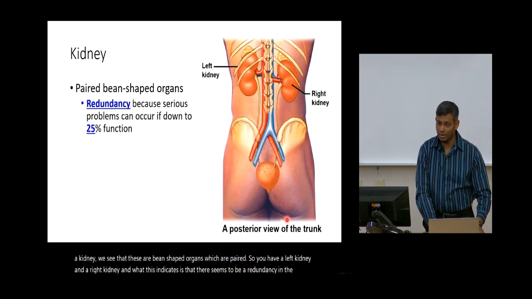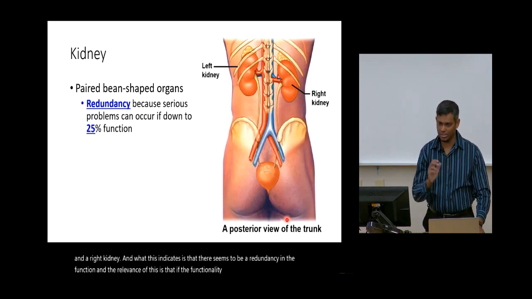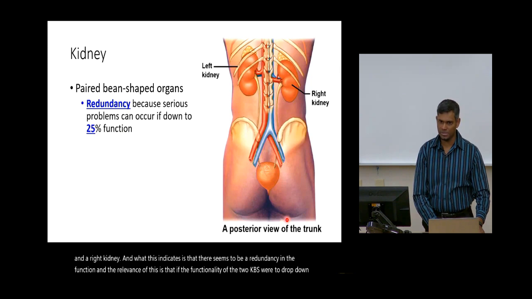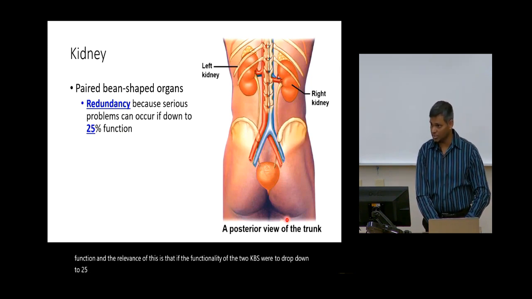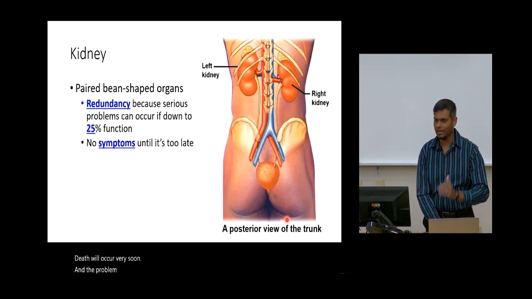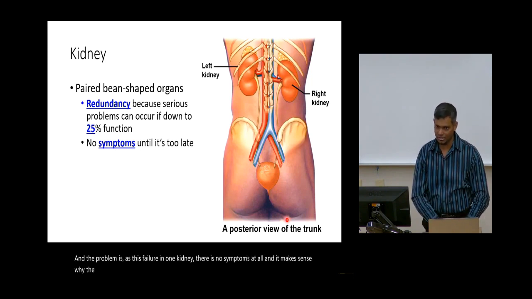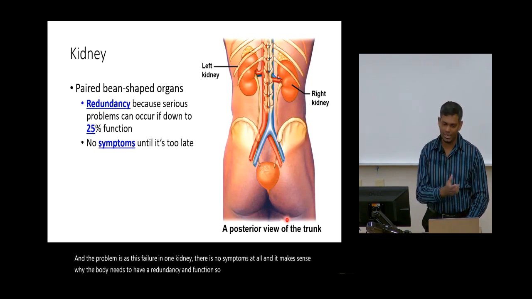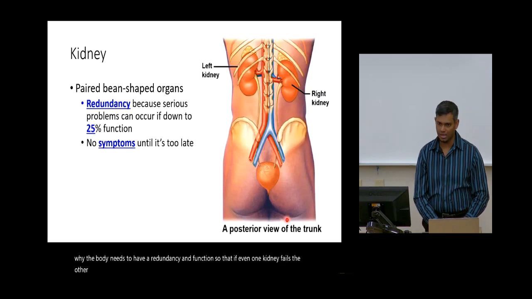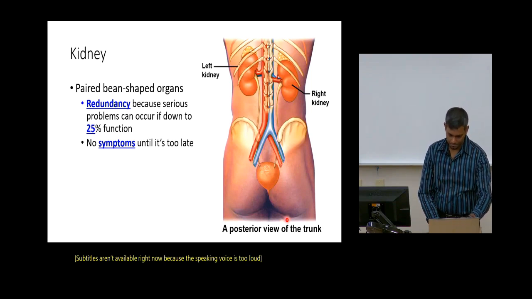And the relevance of this is that if the functionality of the 2 kidneys were to drop down to 25%, death will occur very soon. And the problem is, as there is failure in one kidney, there are no symptoms at all, right? And it makes sense why the body needs to have a redundancy in function, so that if even one kidney fails, the other one can keep functioning. And there are people who can survive with just a single kidney as well.